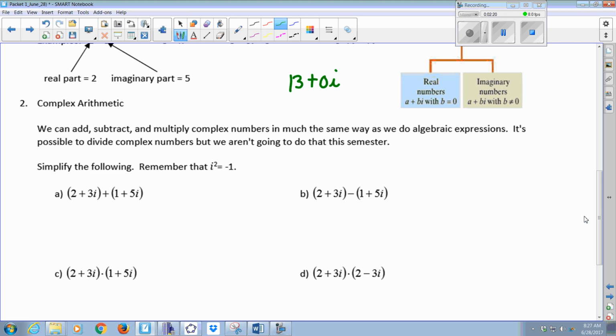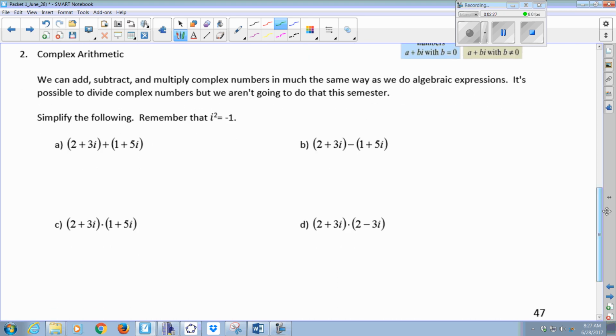It's possible to divide complex numbers as well, but we're not going to do that in Math 107. So remember, one of the most important definitions that we worked with so far is that i squared is equal to -1. This will be used quite a bit throughout today's lesson, class activity.